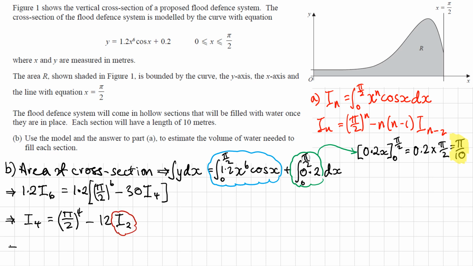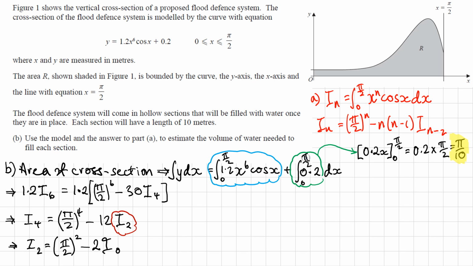So I sub 2 will be pi over 2 squared, so we're still using this, and then minus 2 times 1, which is just 2, so minus 2 I sub 0.